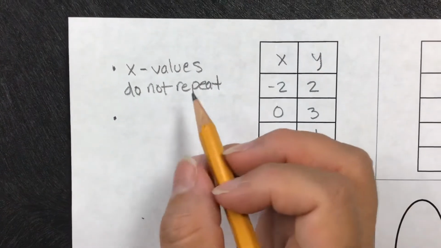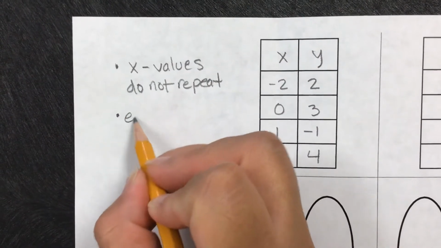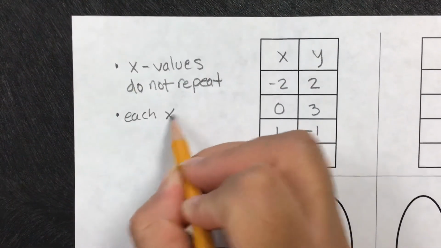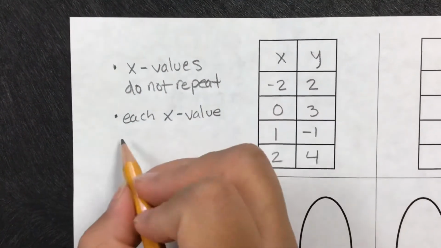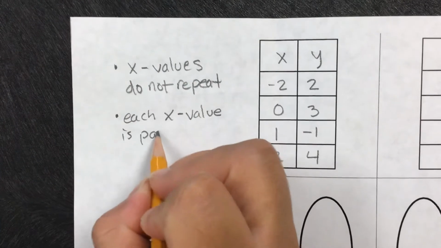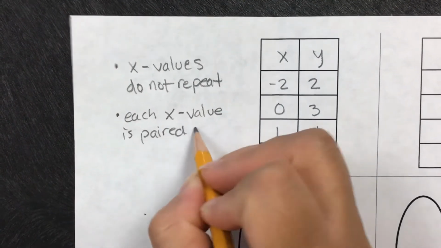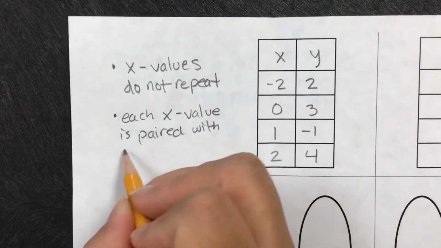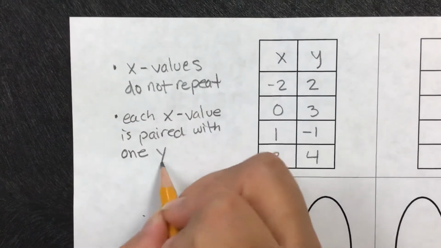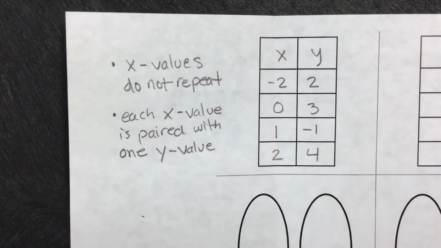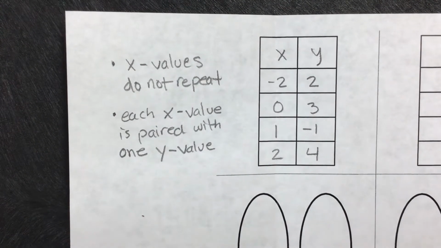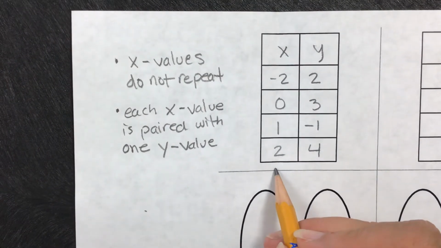But it's more specific than that. We have to say that each x value is paired with one y value. So why are we making that distinction? Well, sometimes what happens is that we can rewrite a point.